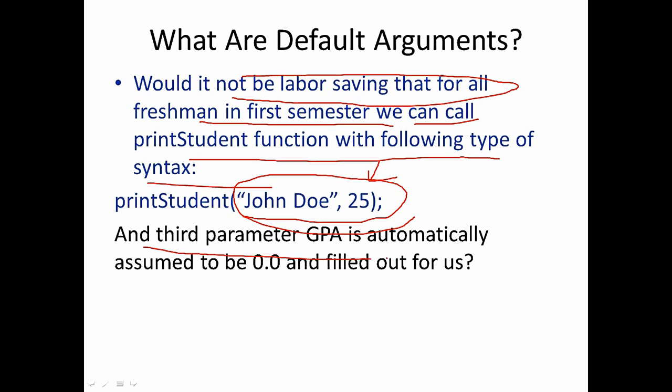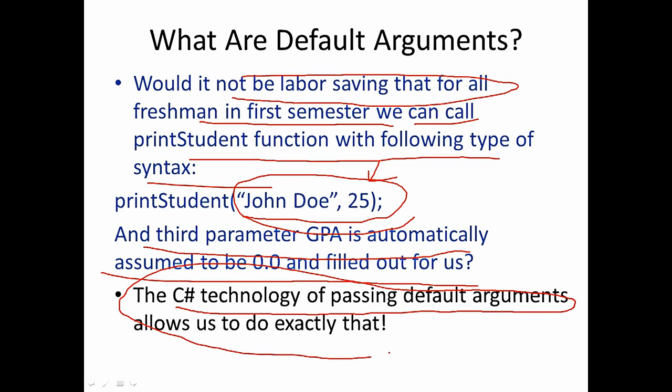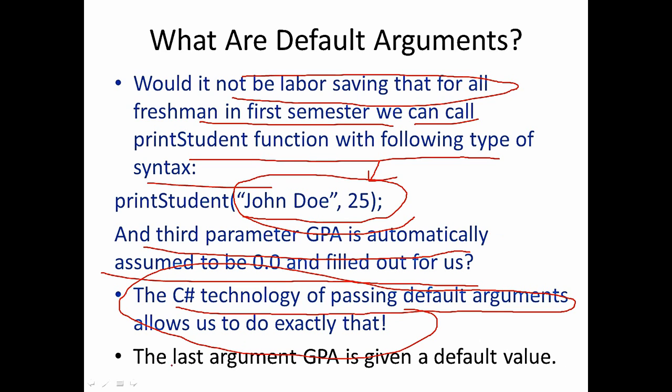So we are hoping the third parameter, GPA, is automatically set to 0.0 and filled out for us when we make the call for all the freshmen. Well, C# fortunately has a technology of passing default arguments to methods, and that will allow us to do exactly what we are hoping. We can code the C# method print student in a way that the last argument will be given a default value, the value that we want to give it.